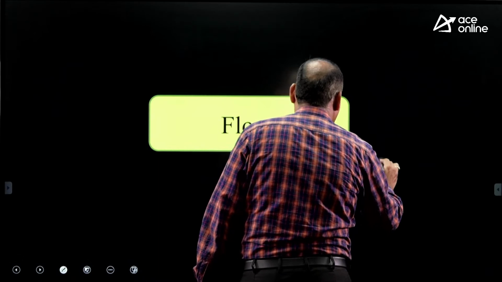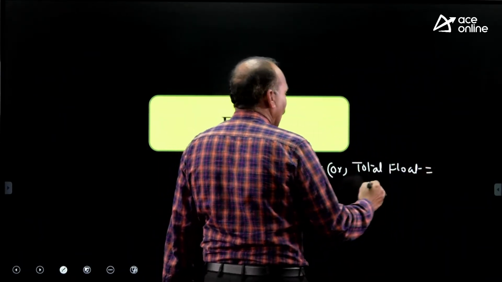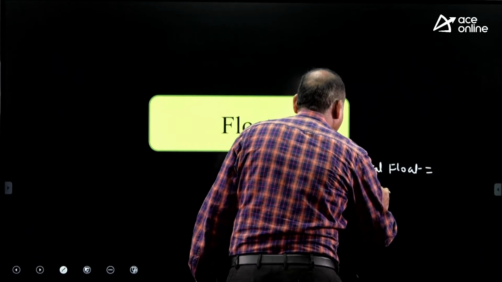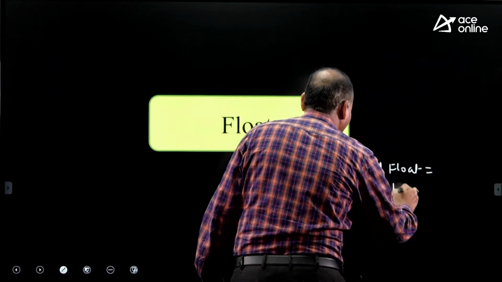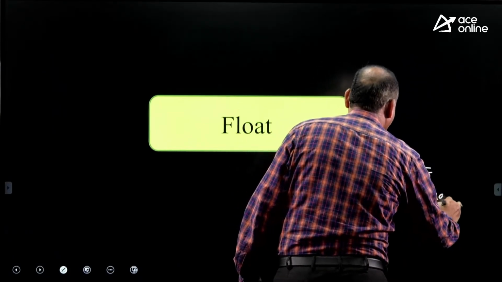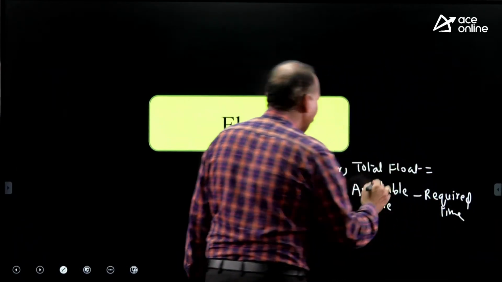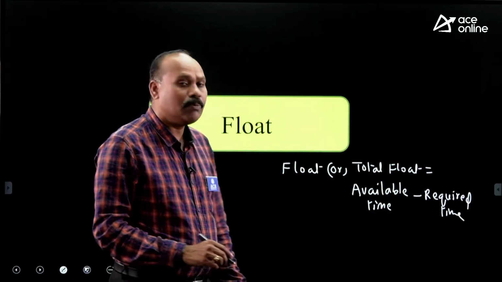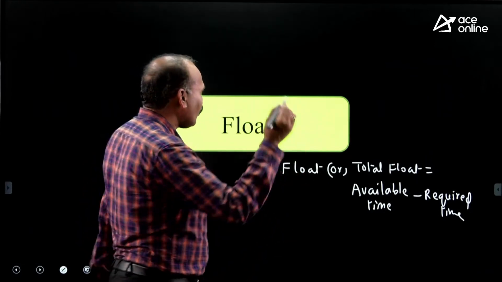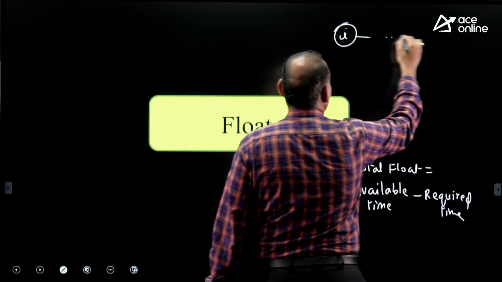Float or total float is equal to available time minus required time. Suppose I have activity ij.